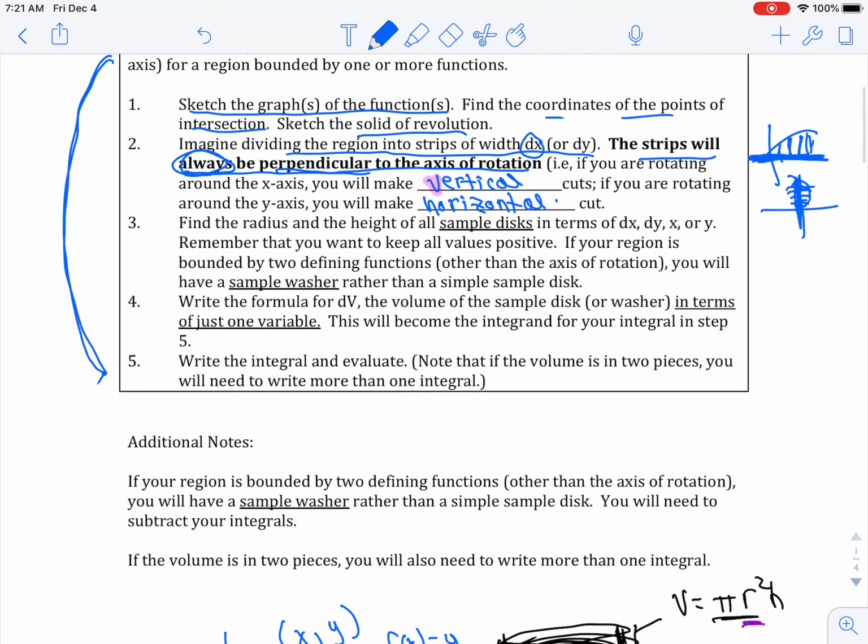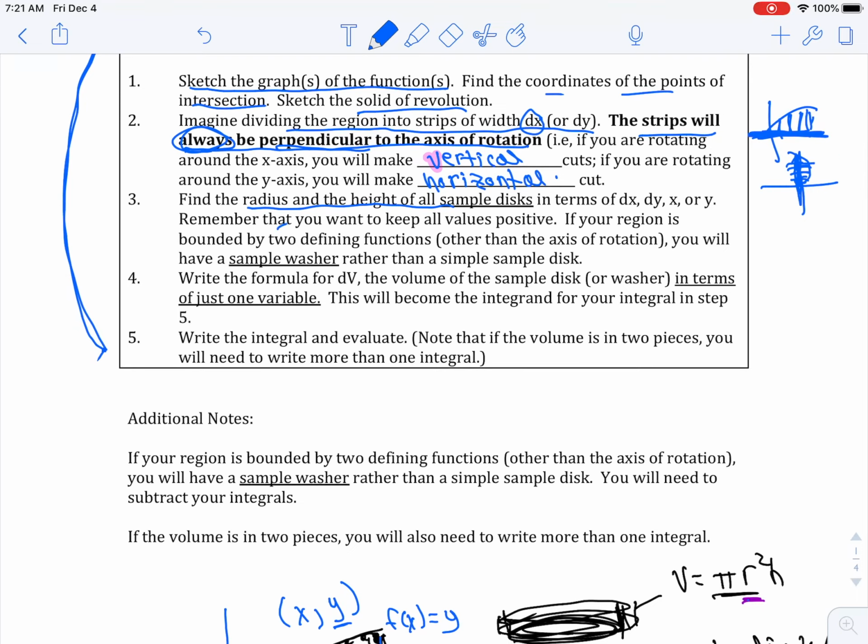Okay? All right, then the next step, it says find the radius and the height of the sampled discs, which is what we did. And just like before, you want to keep all values positive because you're doing geometric volume here. And this just talks about what you have to do if your region is bounded by two different functions. And we'll see an example of that.